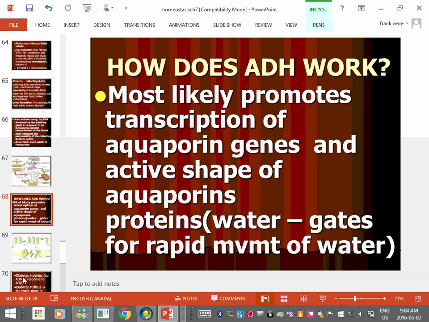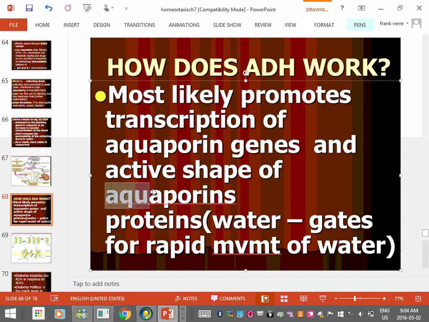So the ADH, not only does the ADH open up the collecting duct, it actually works on a protein called aquaporin. Now think about the name of that. Aquaporin. What's aqua? Water. Porin. If I think of the word pore, I think of what? No, pore.